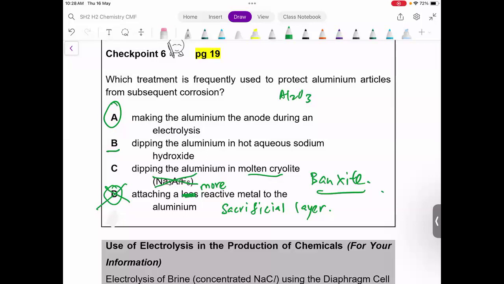Aluminium oxide is soluble in what? Excess of alkali. Why?